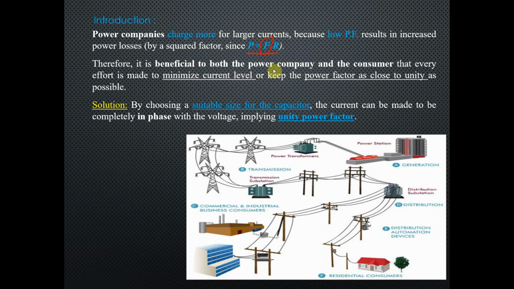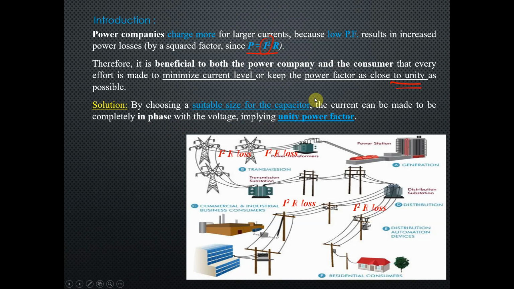So it is beneficial for the power company and the consumer that every effort is made to minimize the current level, or to keep the power factor as close to unity as possible. The solution is to choose a suitable size of capacitor, and the current can be made completely in phase with the voltage source, implying a unity power factor.